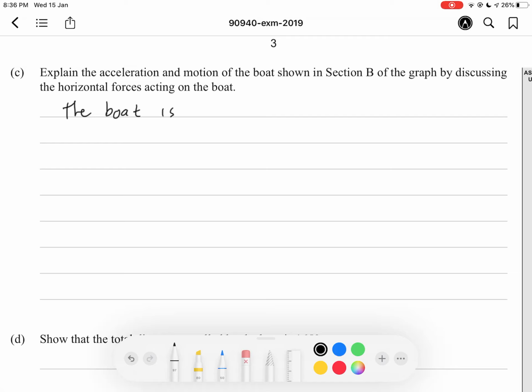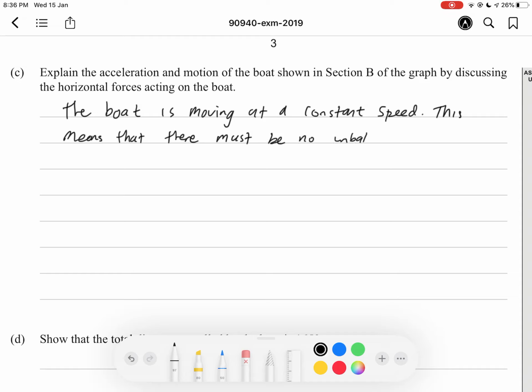So for this question, we're going to say that the boat is moving at a constant speed. This means that there must be no unbalanced forces. We can talk about the forward thrust force from the boat.